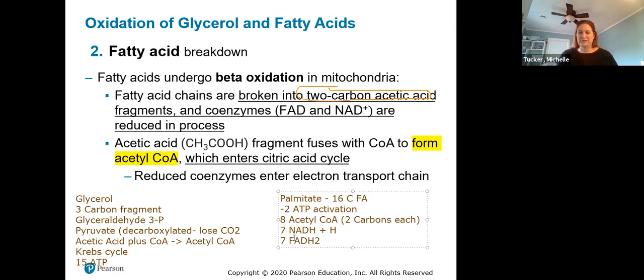Okay, so that's one of the mathematical equations that I write down: if you're given a certain number of carbon fatty acids, you should be able to tell me how many acetyl-CoAs and how many NADHs plus how many FADH2s. Okay.